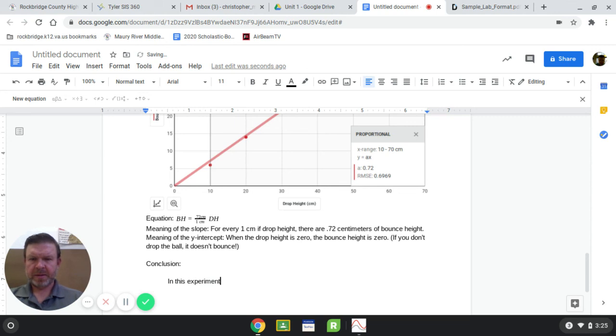So the first part of the conclusion is I'm going to write, in this experiment, we set out to find how the bounce height of a golf ball depends on the drop height. All right, good.